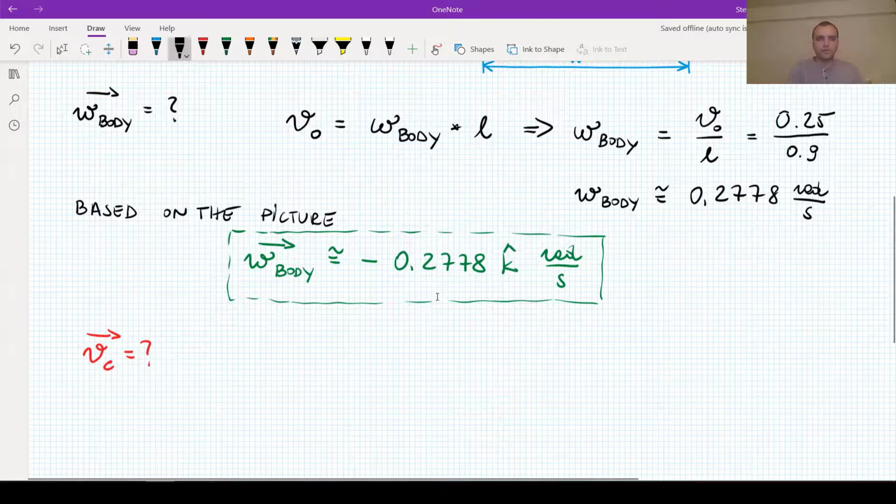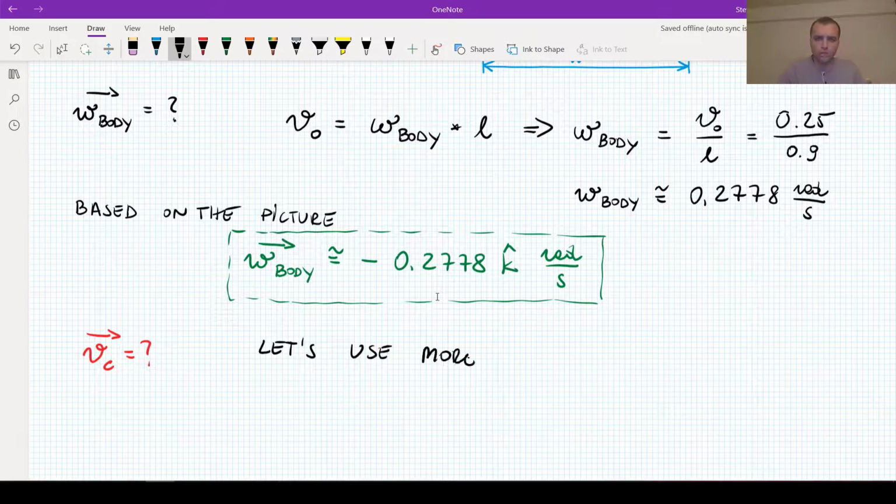We will find Vc based on the more general expression for velocity of a rigid body.